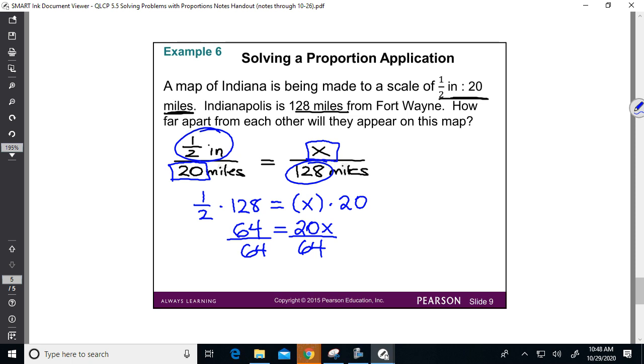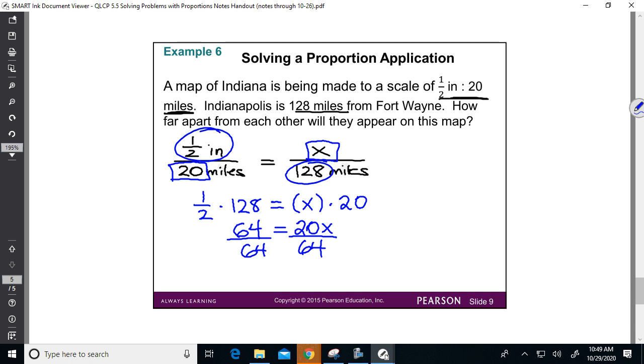Well, so y'all do realize that I'm not doing that correctly. Am I supposed to be divided by 64? Supposed to be divided by 20.